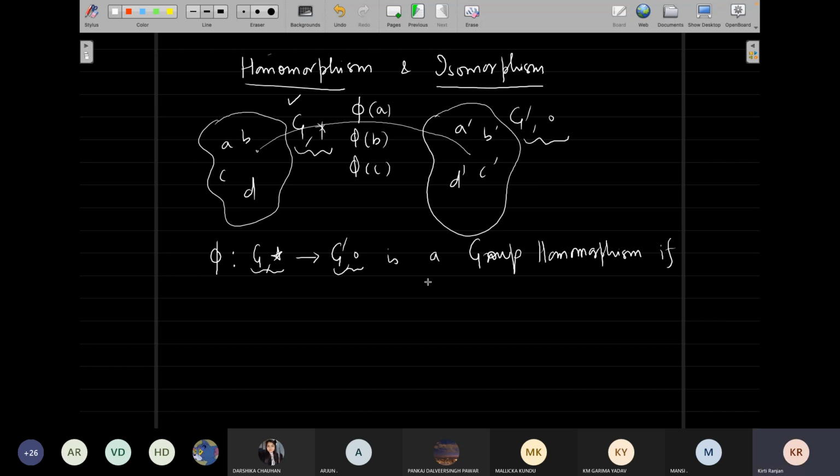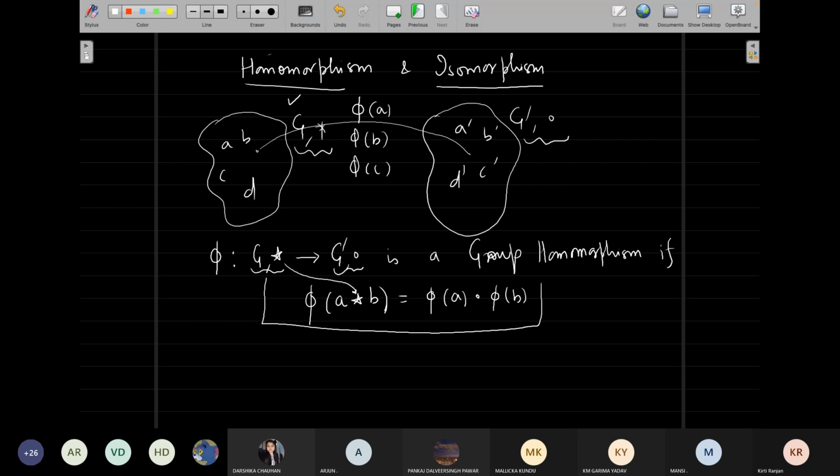So now the definition: if phi of A star B, remember this star is the operation in my first group, is equal to phi A dot phi B. This is interesting. What does this tell us? Even though the relation looks very simple, it is telling you that if you have two elements in our group G and you compose them, let's say A star B, this will be a new element.